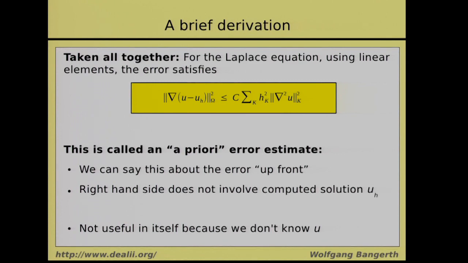It means upfront, or that I can say something in advance. You can really only understand this if you understand the opposite of it, namely an a posteriori error estimate. An a posteriori error estimate is something that I can only do after I have solved the finite element problem. That means it would involve the discrete solution u_h. An a priori estimate does not involve the discrete solution u_h, but only the exact solution.